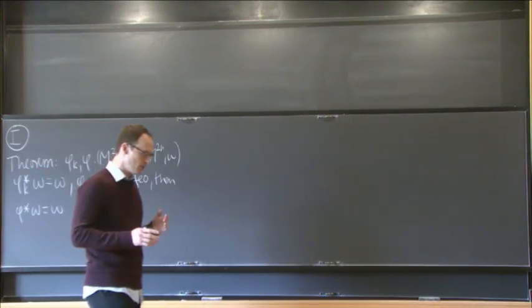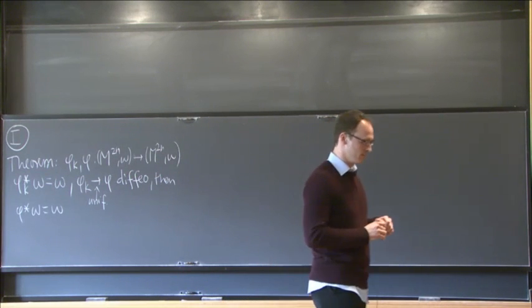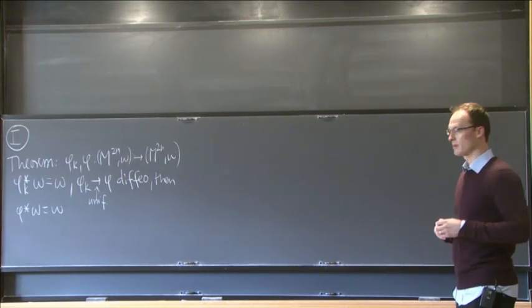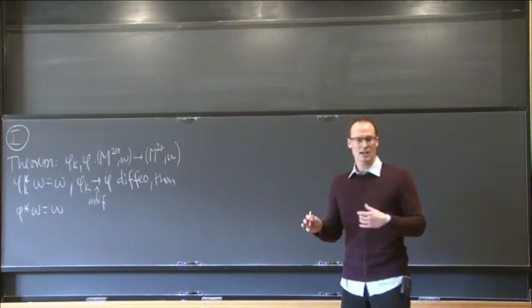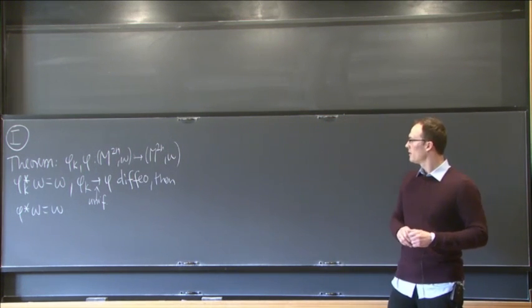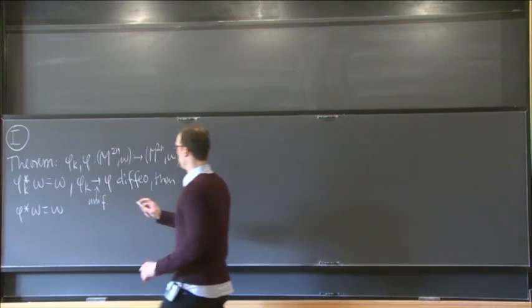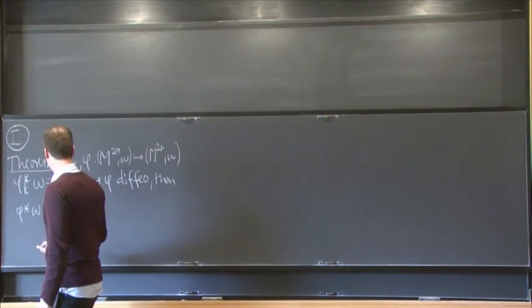First one by Eliashberg using wavefronts, and then Gromov gave another proof using his Gromov alternative and non-squeezing. There's a couple other more modern proofs of that as well, but they're all for diffeomorphisms.